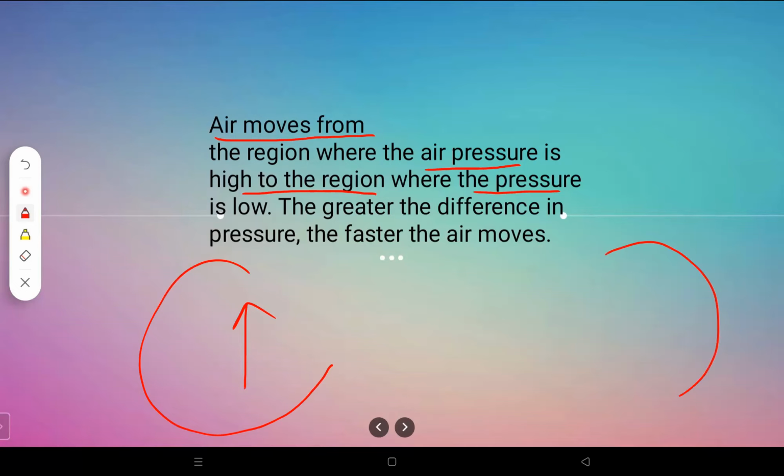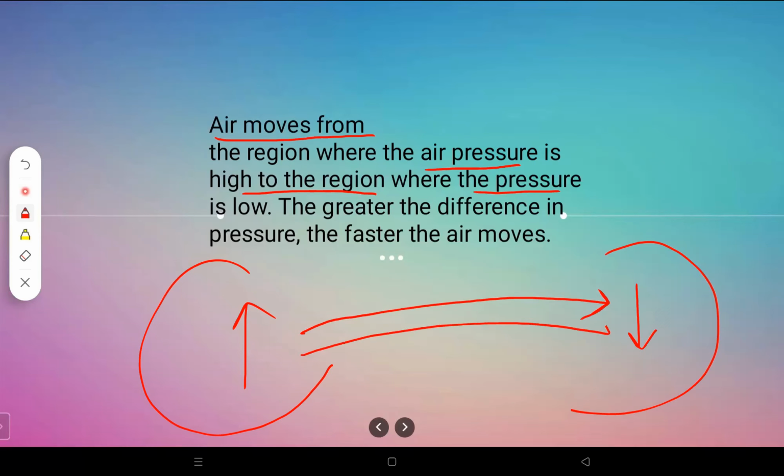In this portion, air pressure is low. So air moves from high pressure to low pressure. The greater the difference between the two, the faster the air moves.